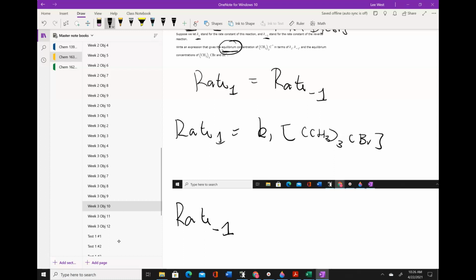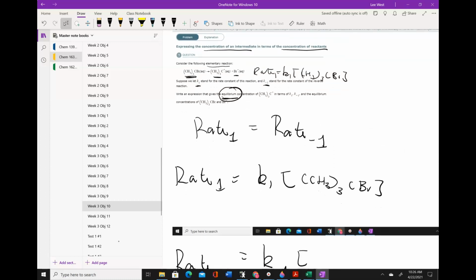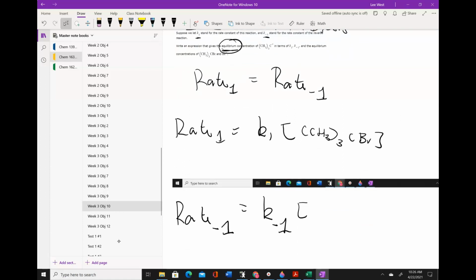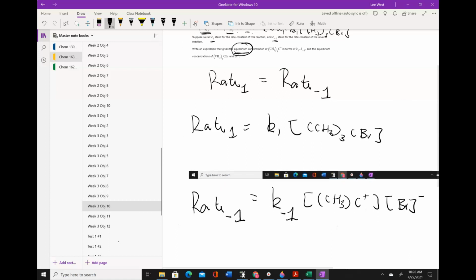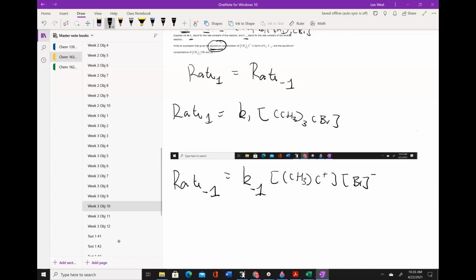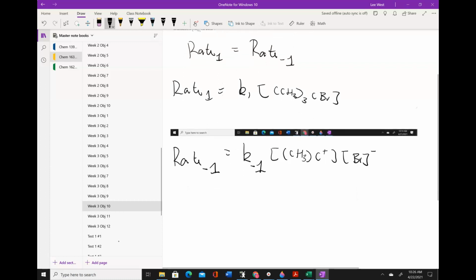Rate minus 1 is equal to K minus 1 multiplied by the concentration of each of these two ions to the power of 1. So these two things here are equal, because the rate of the forward reaction equals the rate of the reverse reaction.